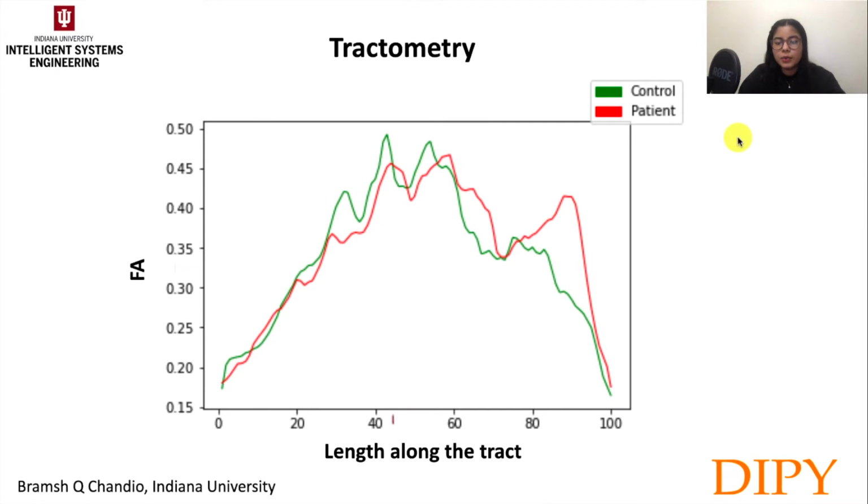Here we can see bundle profiles of two groups, control and patient. We can visually see that around location 80 to 100 there is a huge difference between the bundle profiles of the two groups. This could also be done for two subjects to find any differences between those two subjects. This is a summary of tractometry.